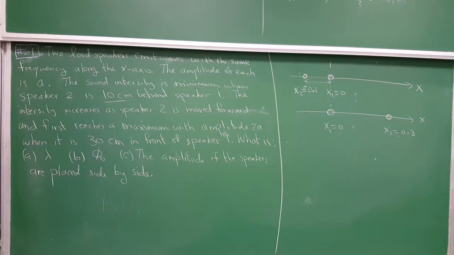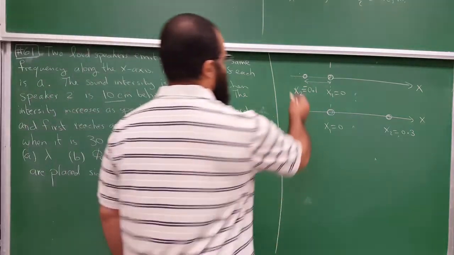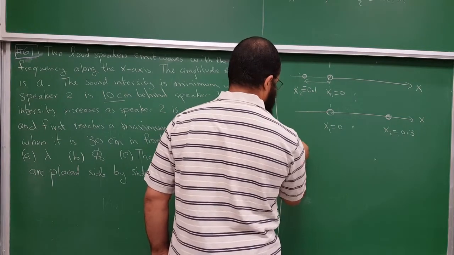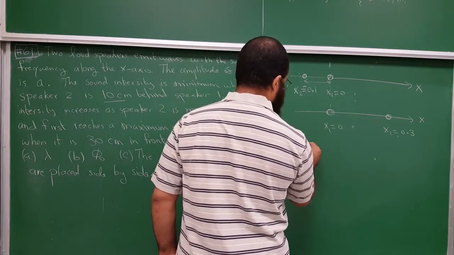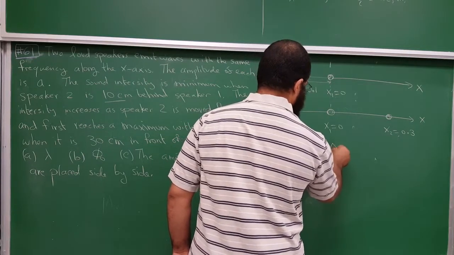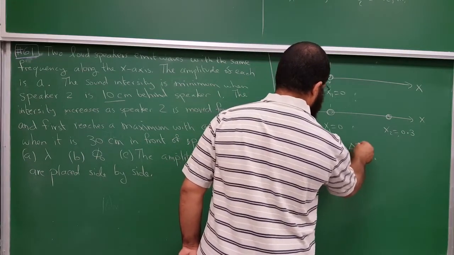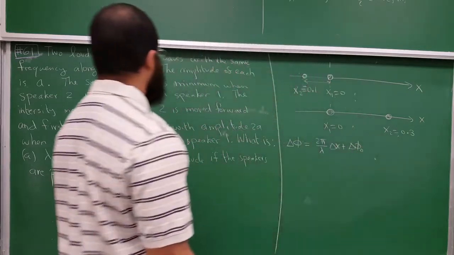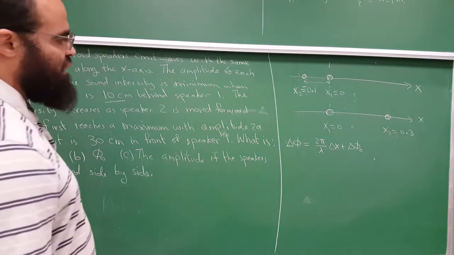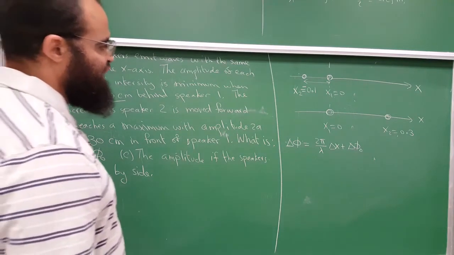First, the wavelength is the speed divided by the frequency, but we don't have the frequency. So let's write down what we have. We'll start here. This is destructive. So we have delta phi. The formula here: delta phi is equal to 2 pi over lambda times delta x plus delta phi 0.